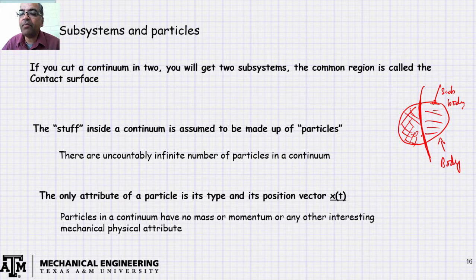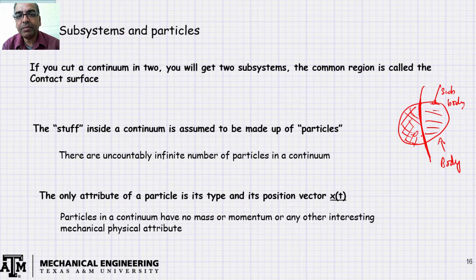Okay, so the stuff inside the continuum is supposed to be made up of particles. What the heck is a particle? I don't know. It is the stuff inside the continuum. What about the boundary? That will be called boundary particles, right? So a continuum has 2 parts. The continua that we are looking at will have a part which is called interior and a part which is called surface. The stuff that makes up the surface will be called surface particles.